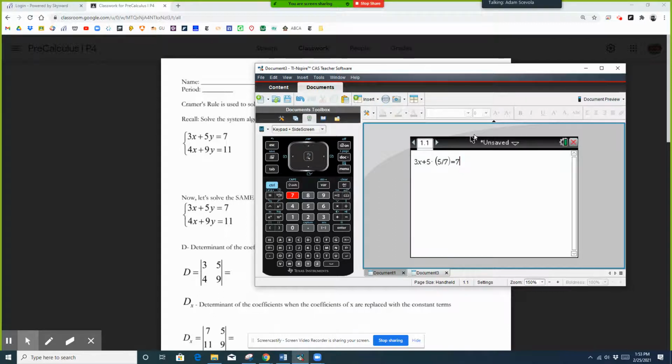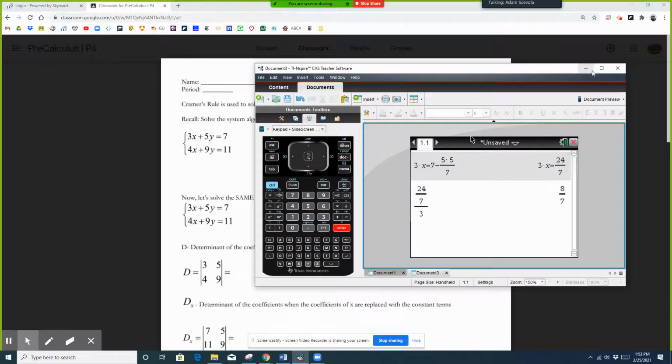Then I could subtract 3 times 5/7 on both sides, and then you get 3x is equal to 24 over 7. So divide both sides by 3. So 24 over 7 divided by 3 would be 8/7.